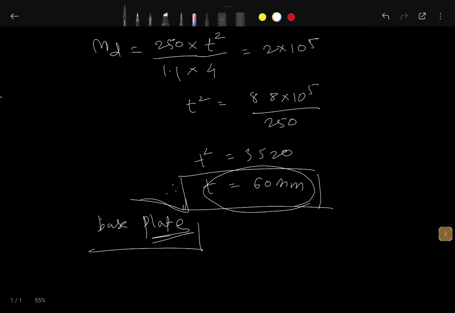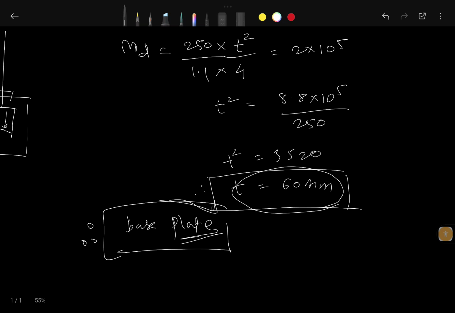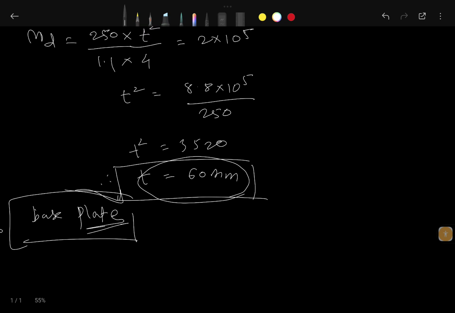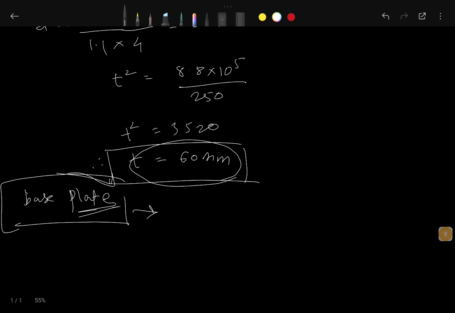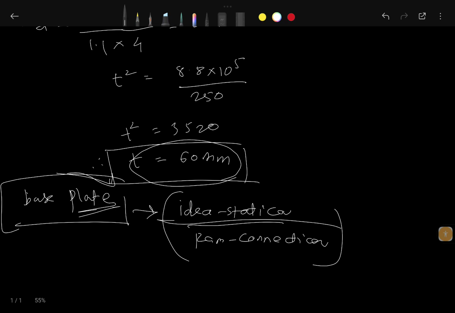So that's why in manual calculation we get a base plate thickness of 60 mm. If you want to design accurately, or on a finite element method basis, then we can directly go with IDEA StatiCa software or RAM Connection. This software helps to reduce the effort of manual calculation.